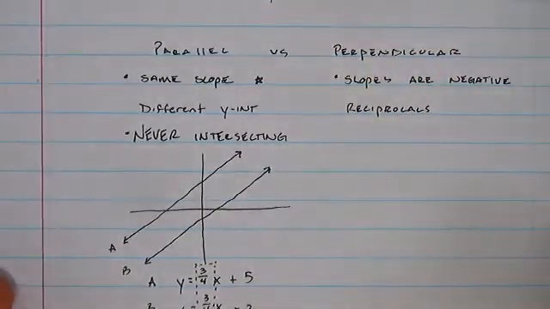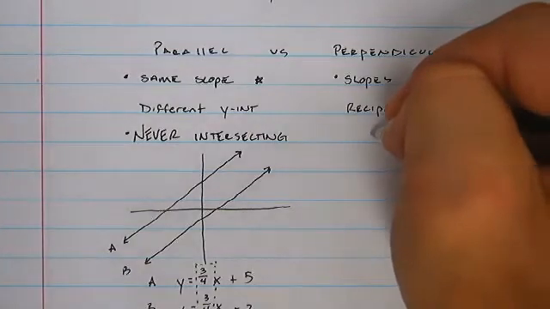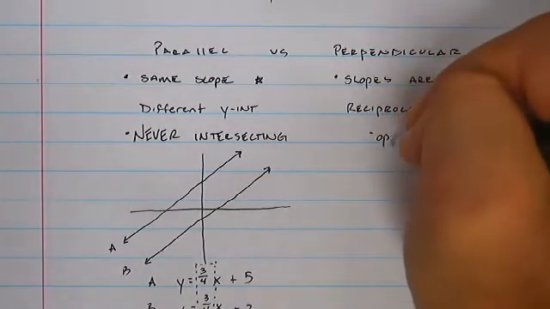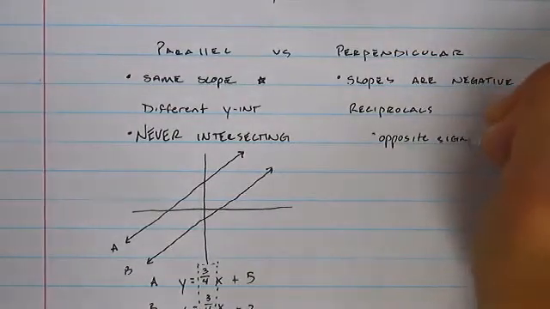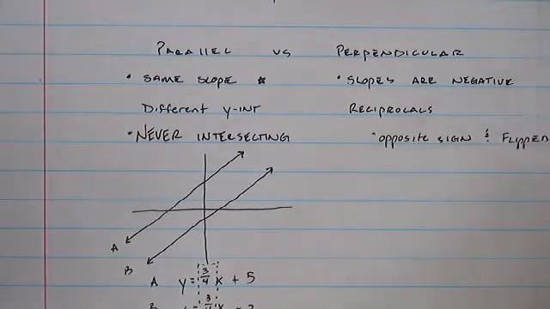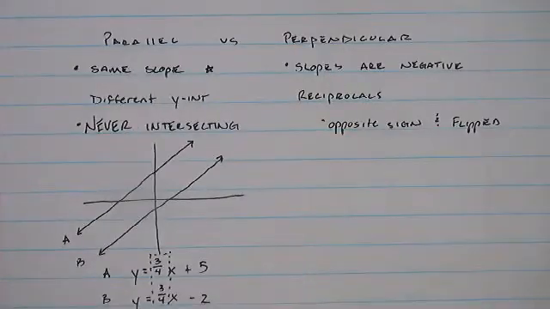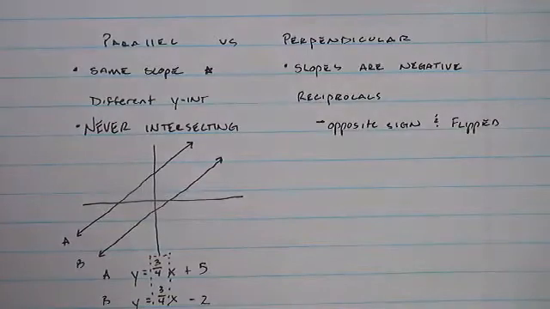All right, slopes are negative reciprocals. And if you'll remember what that means, that just means opposite sign and flipped. Okay, that's what that means, negative reciprocal. It does not mean that the slope is always negative.